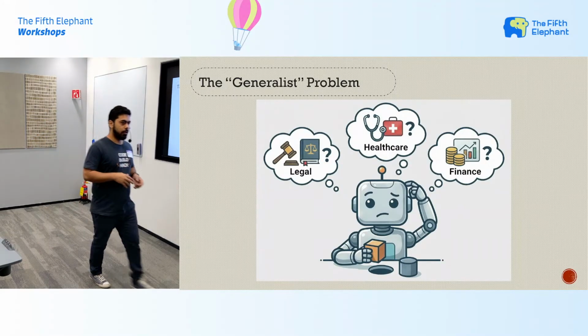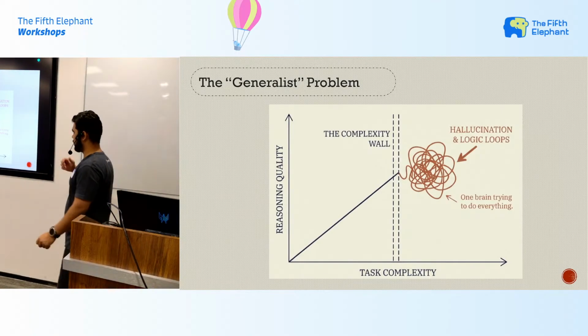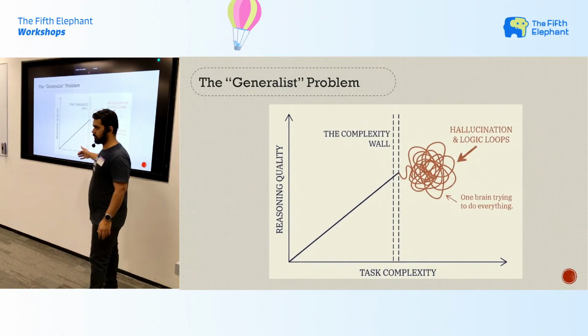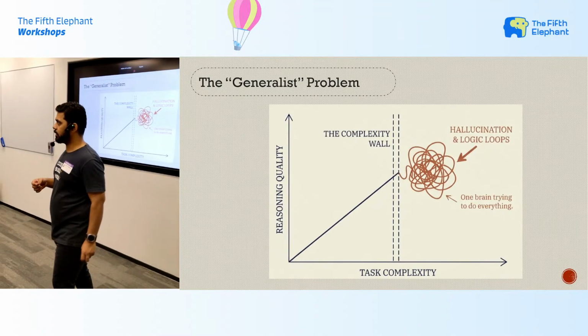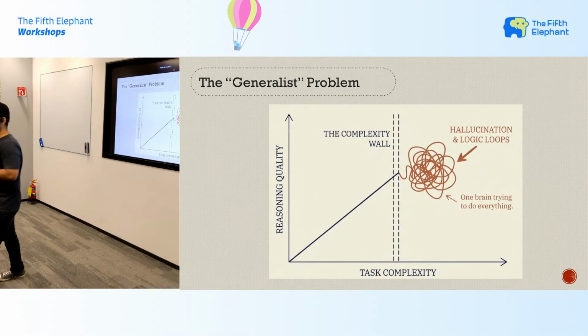Now what I was also talking about is this problem. The higher the task complexity goes, the more reasoning you need. So has anyone of you heard about chain of thought? There's a technique called chain of thought. You would also see that in your ChatGPT or Gemini prompts, right?